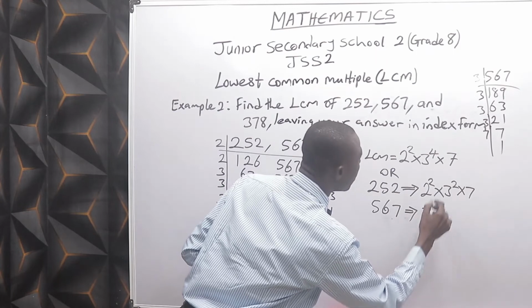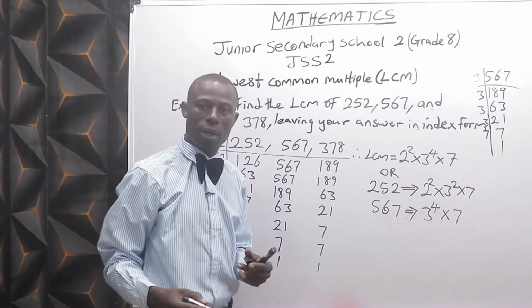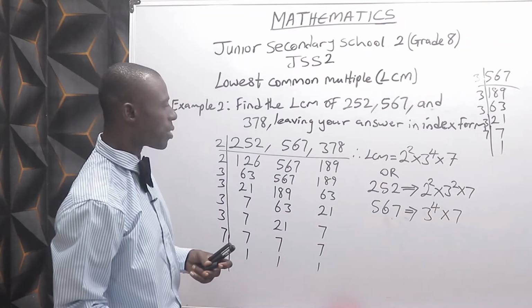This is 3 raised to power 4 times 7. 3 raised to power 4 times 7.